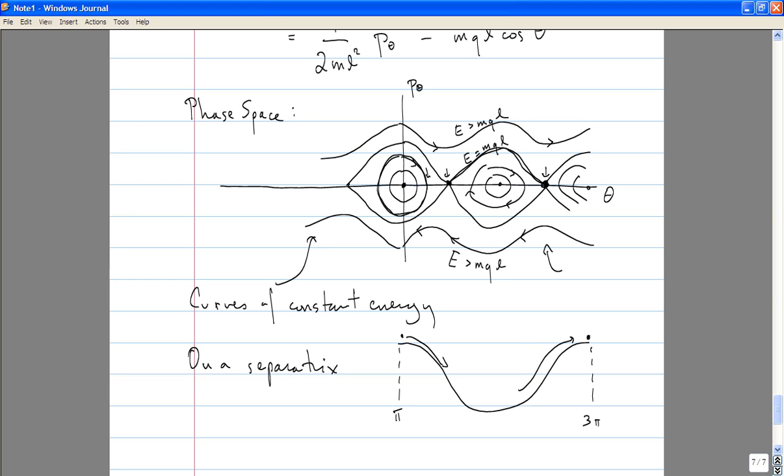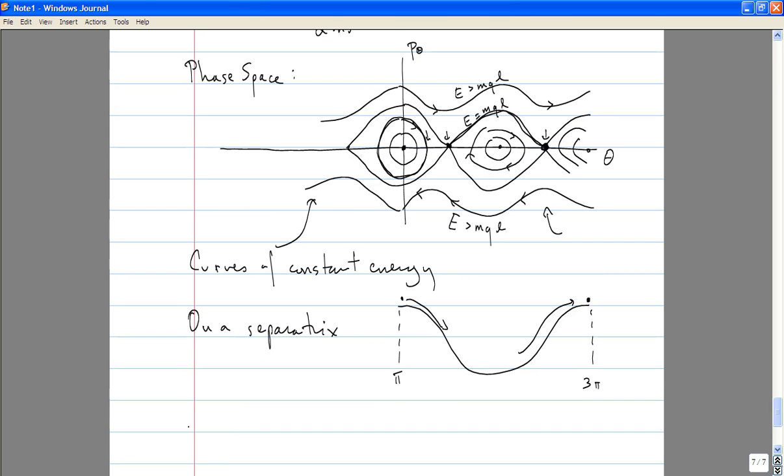So another point that I should make is that, as you can see from this diagram, near a stable minimum, the constant energy curves look like that. They're sort of closed orbits. They will be exactly circular for a simple harmonic oscillator. So very close to a stable equilibrium, the orbits will be exactly circular.